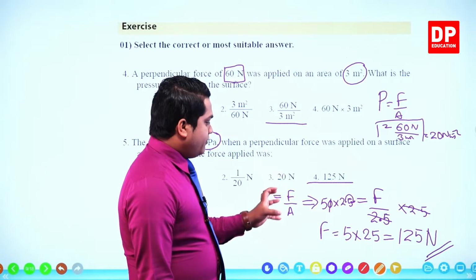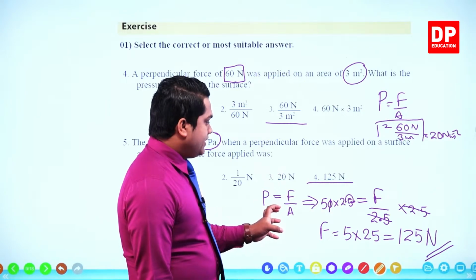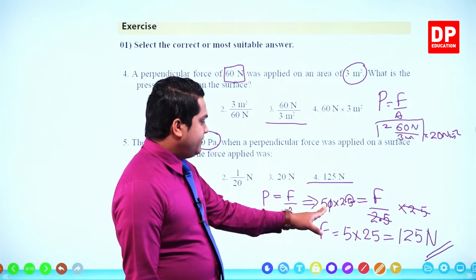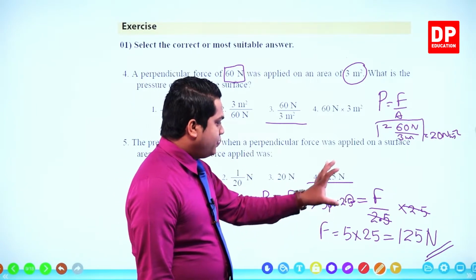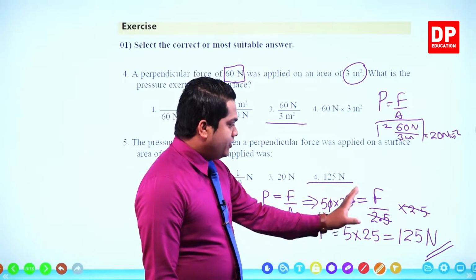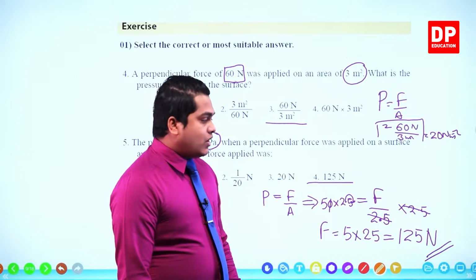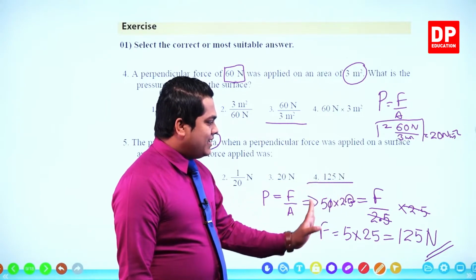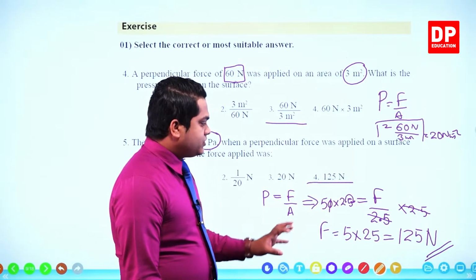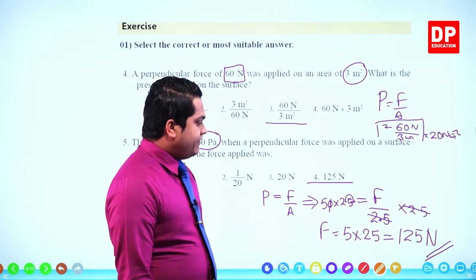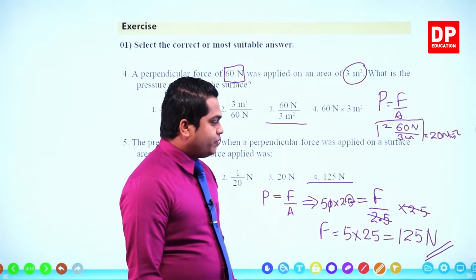P is equal to F over A. P is the pressure, which is given as 50. Then 50 is equal to force F upon area A, 2.5. So to isolate F, I need to multiply both the sides by 2.5. So I have multiplied 50 by 2.5. Then the other side also by 2.5.